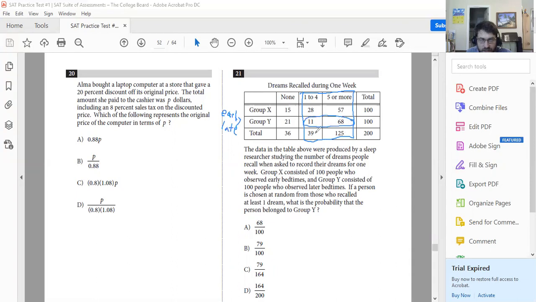So just looking at at least one dream, we're going to be taking these two numbers together and dividing by the total number of people who experienced at least one dream. So we have 11 plus 68 over 39 plus 125, which will be 79 over 164. BC.